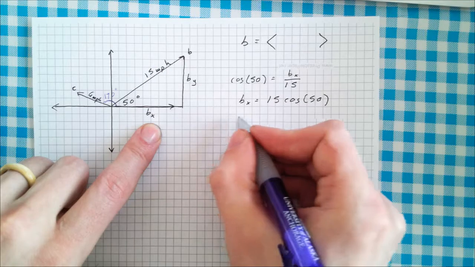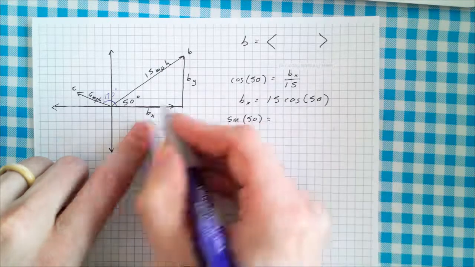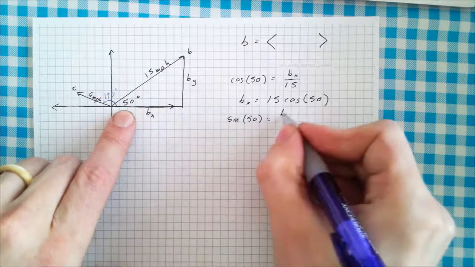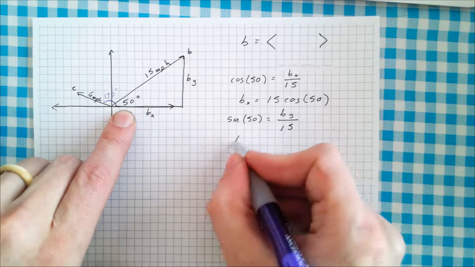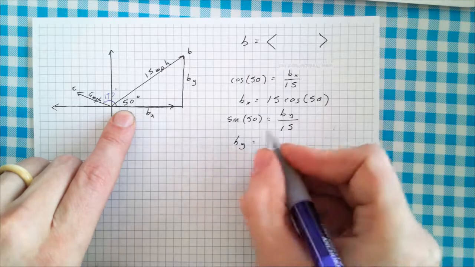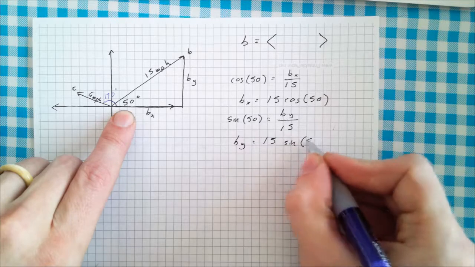And the same thing for B sub y. Sine of 50 equals opposite over hypotenuse, B sub y over 15. So I know that B sub y equals 15 times the sine of 50.